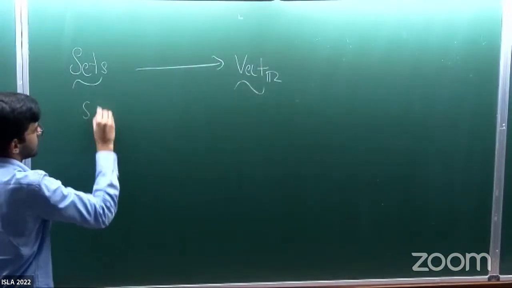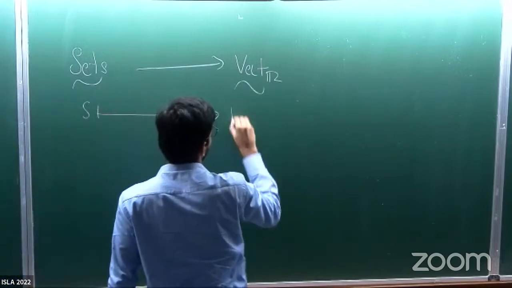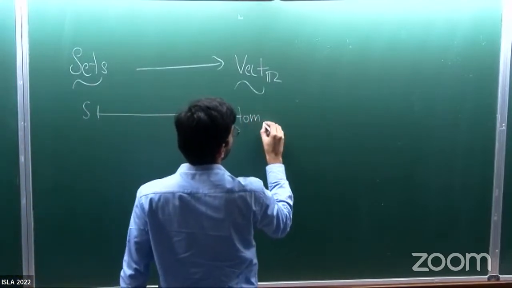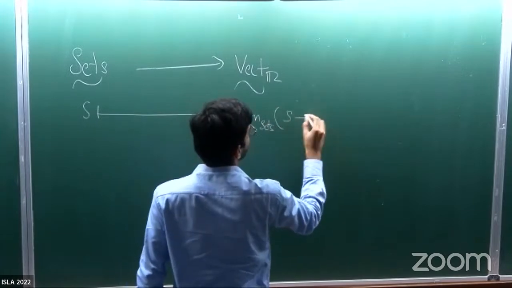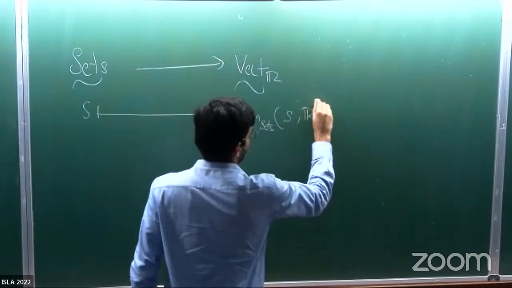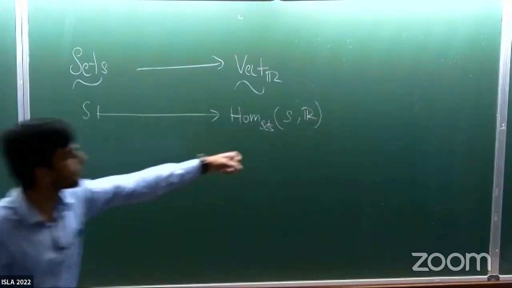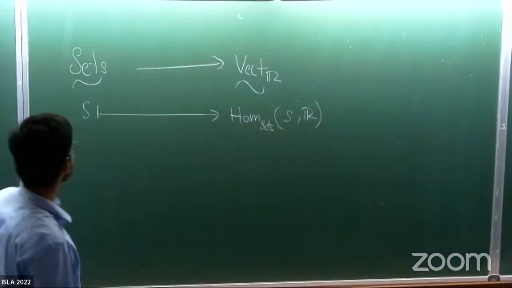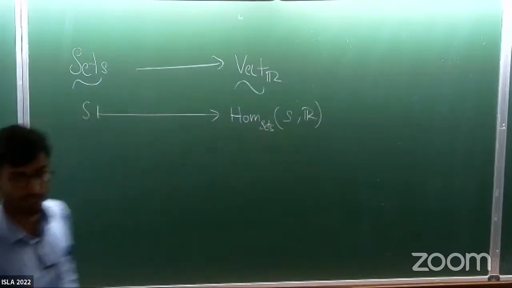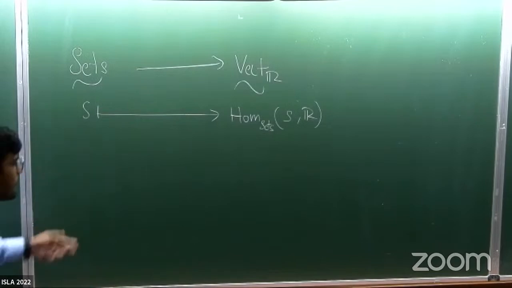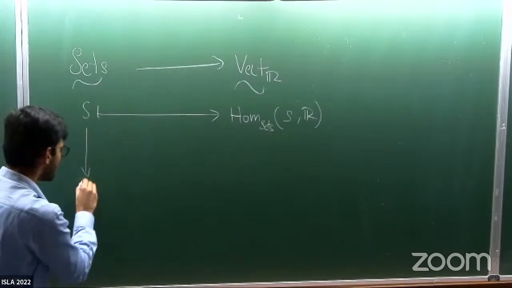That is, I take a set S and I map it to the set of all set maps from S to R. This is a real vector space by pointwise addition and scalar multiplication. But that person only gave me the object assignment. To define a functor, I need an assignment of arrows also.